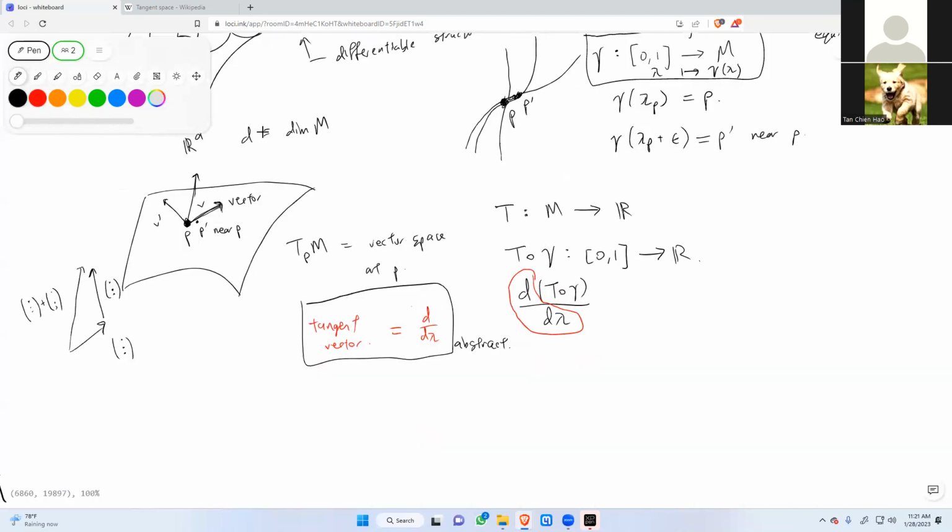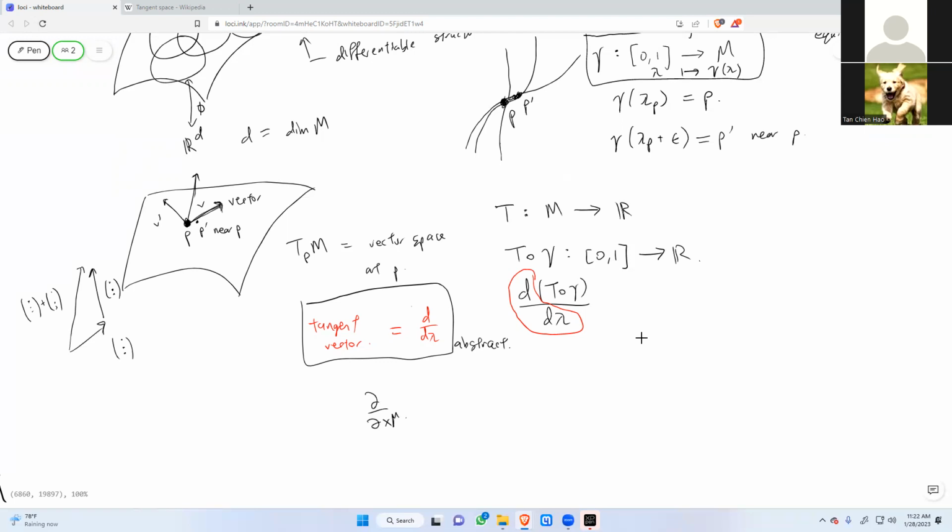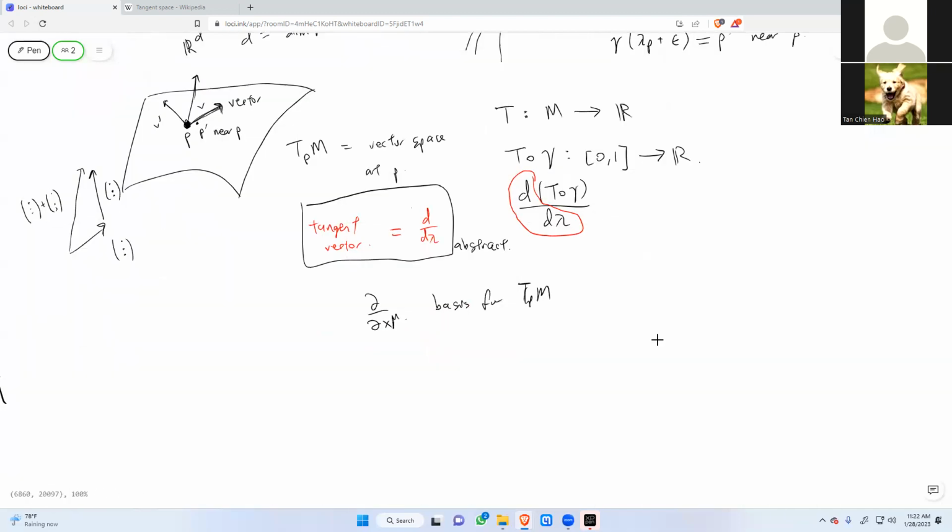So what can we do from here? What basis is most natural for the tangent space? And it turns out the answer is actually partial derivatives. This will be the basis for our tangent space defined at point P. So what does this mean?